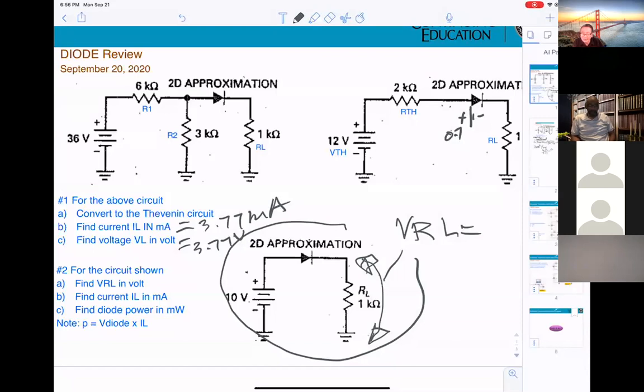You take the V of the diode times the current I. V diode means 0.7. What power do you get? 6.51 milliwatt.